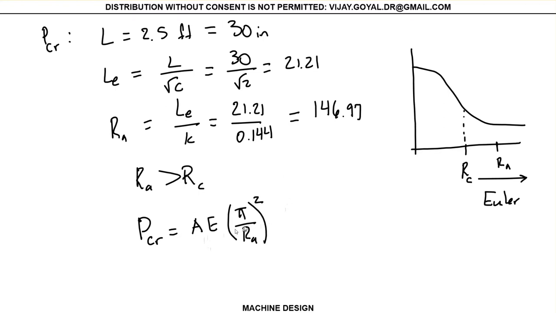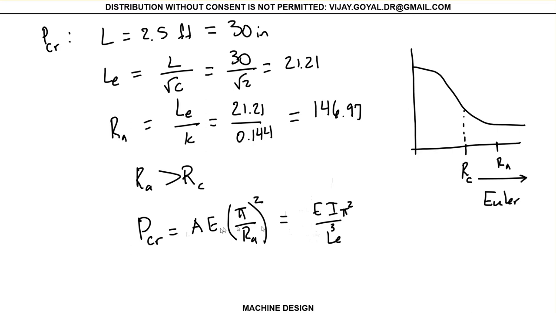Note that this comes from nothing else than area, E, I, L cubed, pi squared. These two expressions are completely equivalent. I'm sorry, this area doesn't go there.